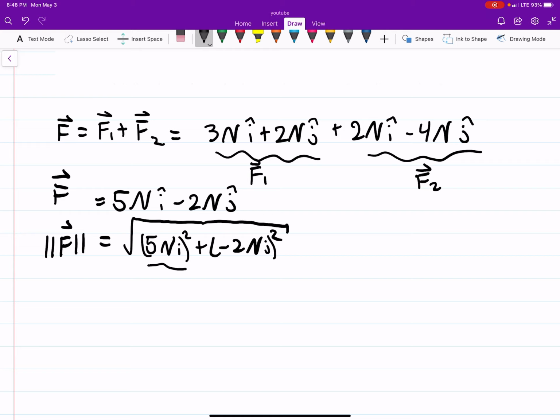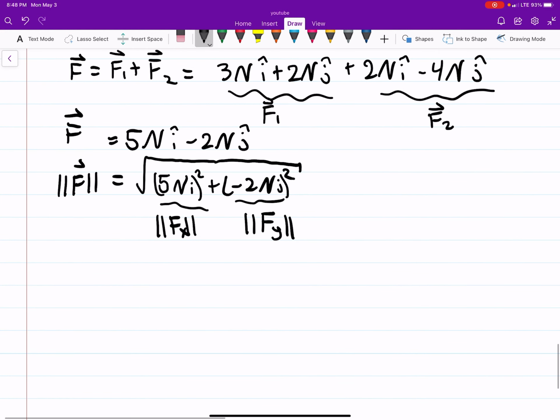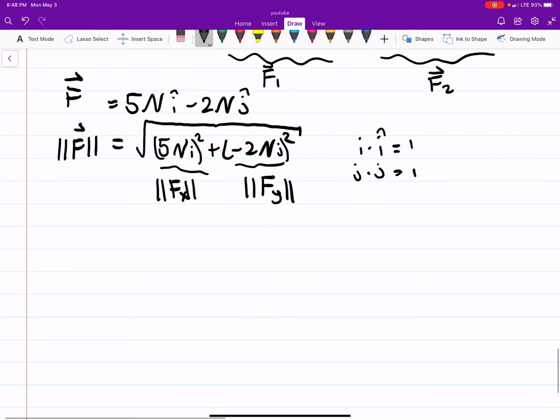So this is just the x component and this is the y component. Now when you square a unit vector it just has magnitude 1. So i dot i or j dot j, they're both equal to 1.